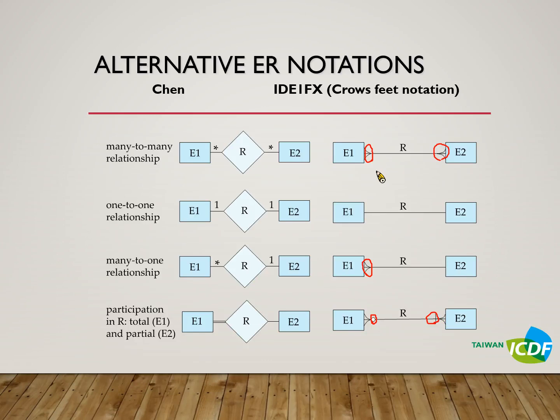And before we end this chapter, I would like to make a brief summary. In this chapter, we learned several ER notations first, and through several exercises, we also learned how to draw ER diagrams with these notations to reveal the context of a database application.